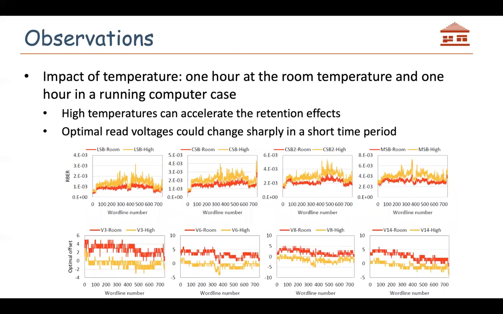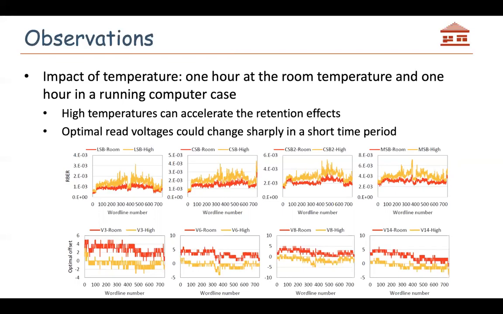We then study the temperature effects on high-density 3D flash memory by placing the flash chips at the room temperature and at a running computer case for an hour. These two cases are possible working environments of flash memory chips. Compared with the room temperature, the RBRs of the chips in the computer case are higher, and the optimal values are different.